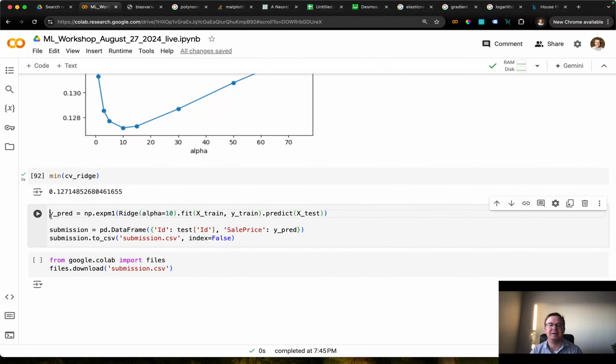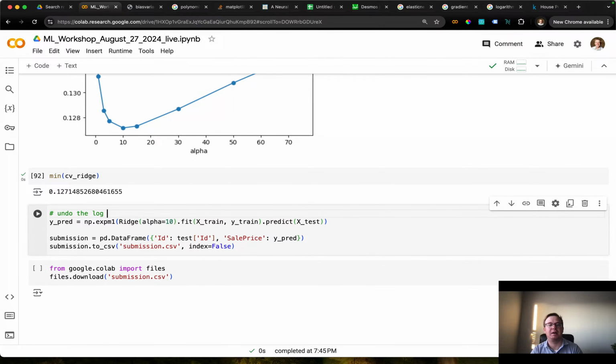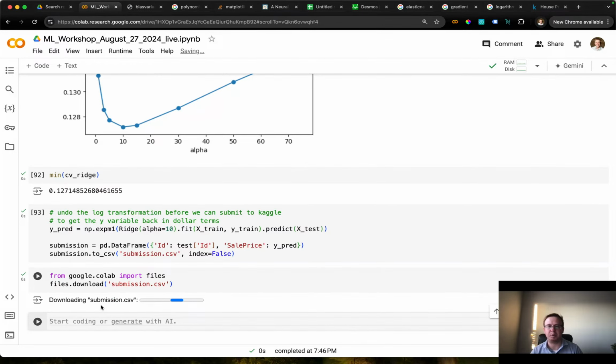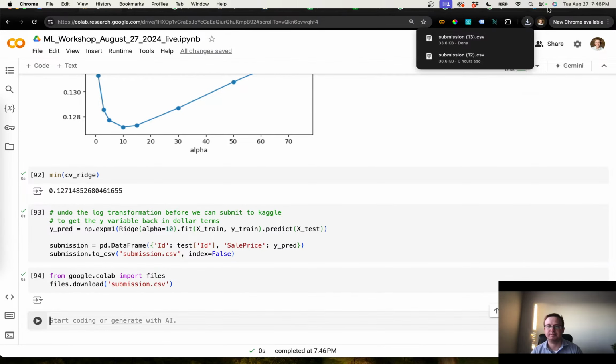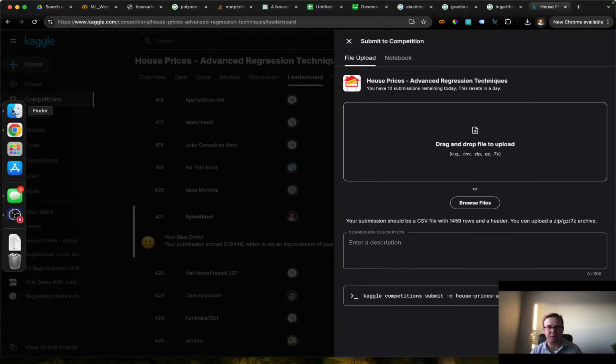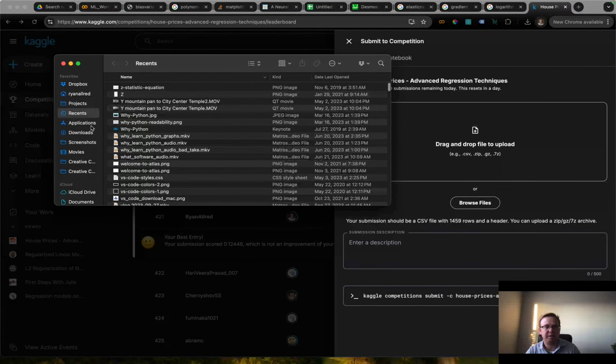So this is undoing the log transformation before we can submit to Kaggle to get the y variable back in dollar terms. And then I can generate my submission data frame, export it to a CSV, download it from Google Colab, and I can go and make my submission to Kaggle, which I don't think I'm going to get any different results here. I've kind of already spilled the beans.